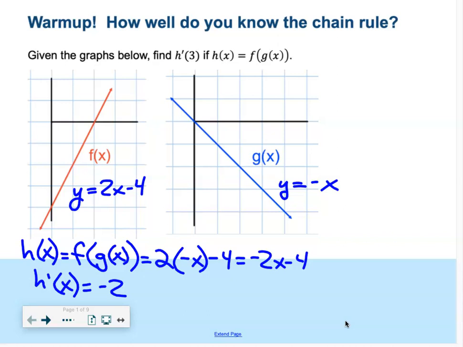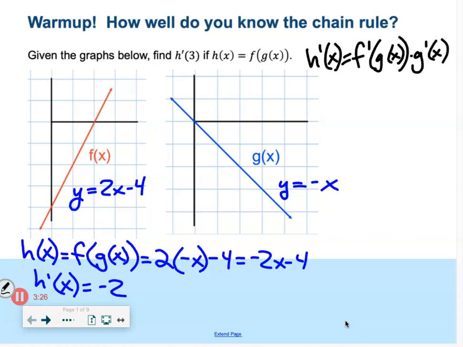So the actual chain rule: if h of x equals f of g of x, then h prime of x is f prime of g of x times g prime of x. That's chain rule.